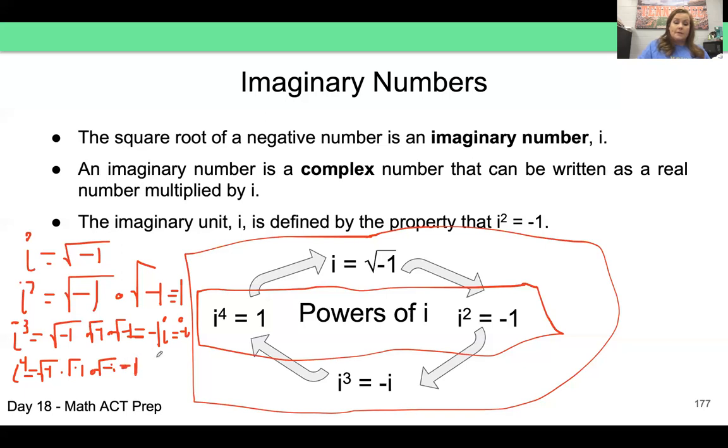Well, we know these two give us a negative 1 times these two give us a negative 1. And what is negative 1 times negative 1? Positive 1. So again, I don't need to memorize this. If all I know is this right here, I should be able to use my knowledge of exponents and figure out all the rest.